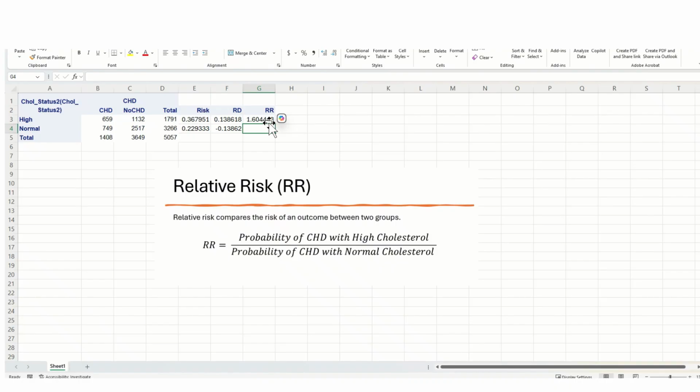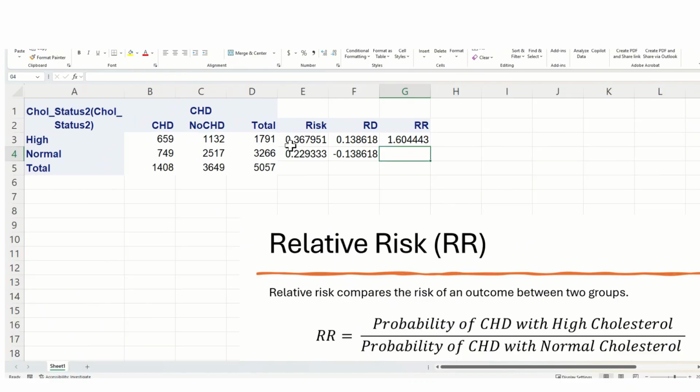So the way we interpret it is the risk of chronic heart disease among high cholesterol individuals is 60% higher than that for the normal cholesterol individuals. I repeat, the risk of chronic heart disease among high cholesterol individuals is 60% higher than normal cholesterol individuals.